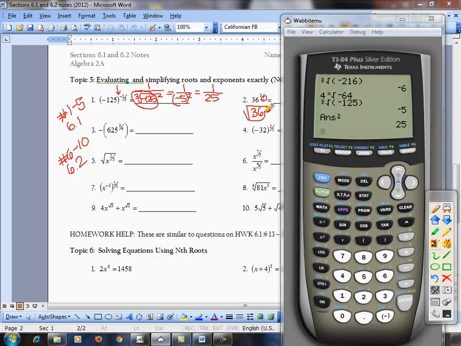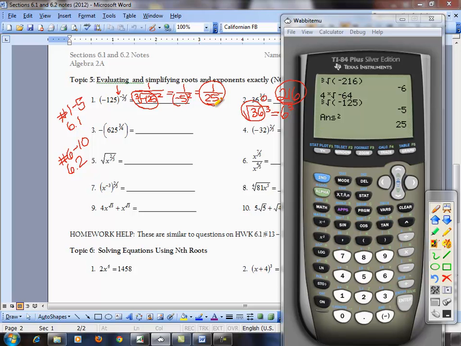Well, we know that the square root of 36 is 6, and then we could take 6 cubed and get 216. Okay, so here's the moral of the story. If you're using your calculator, that's fine. But if you can do this without, you're going to be better served, and it's always better to use the root first, and then whatever your answer is, get the exponent.